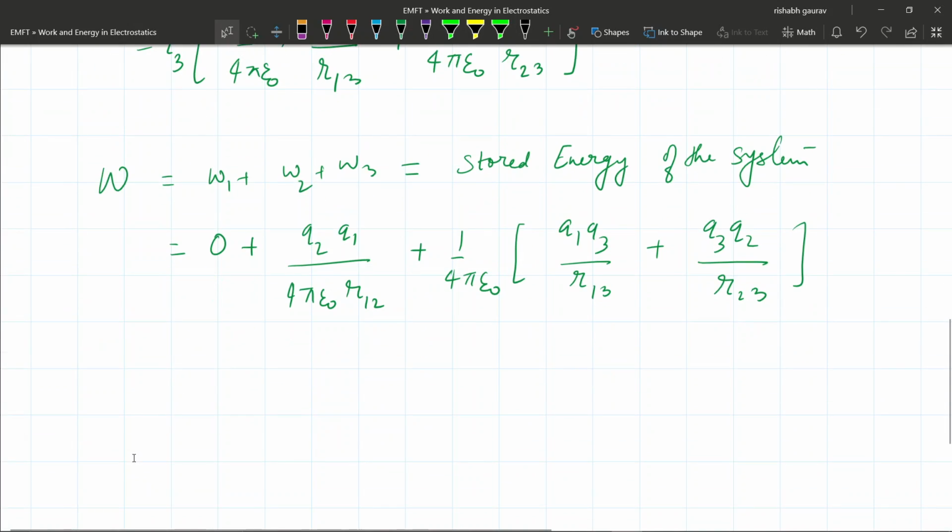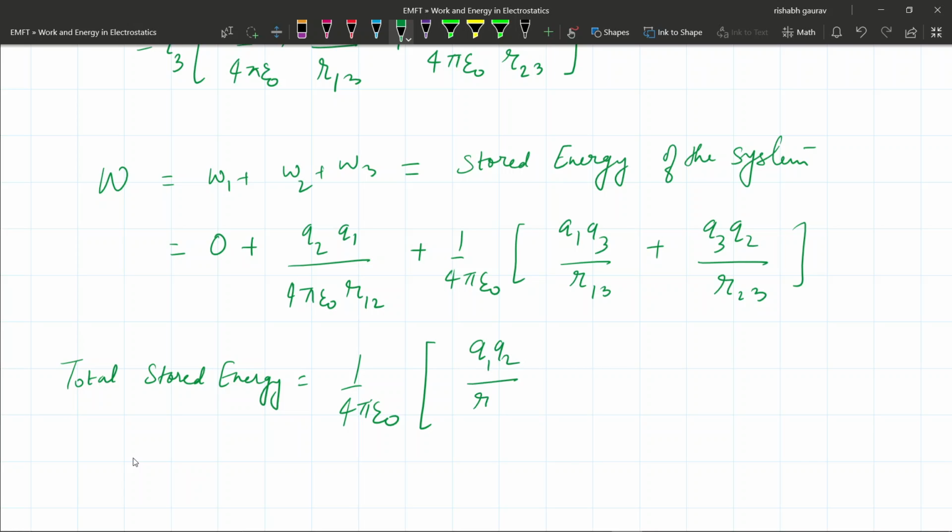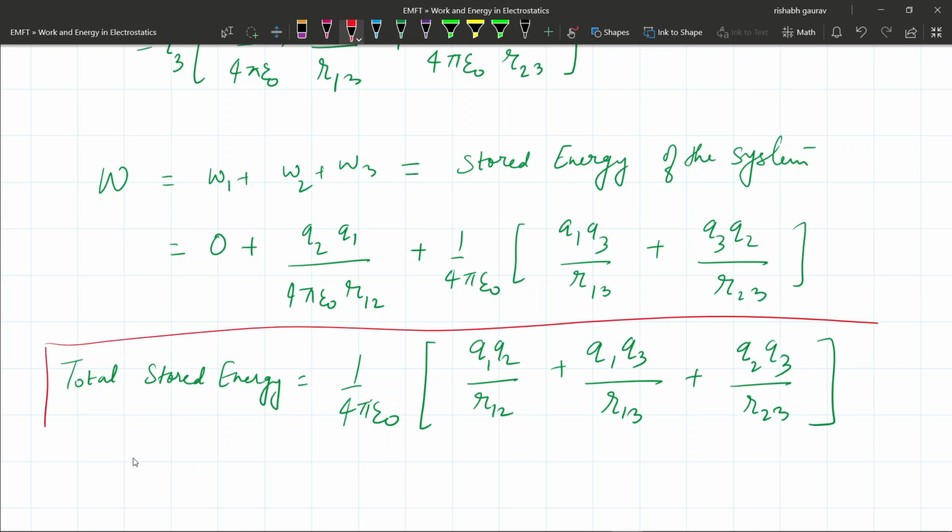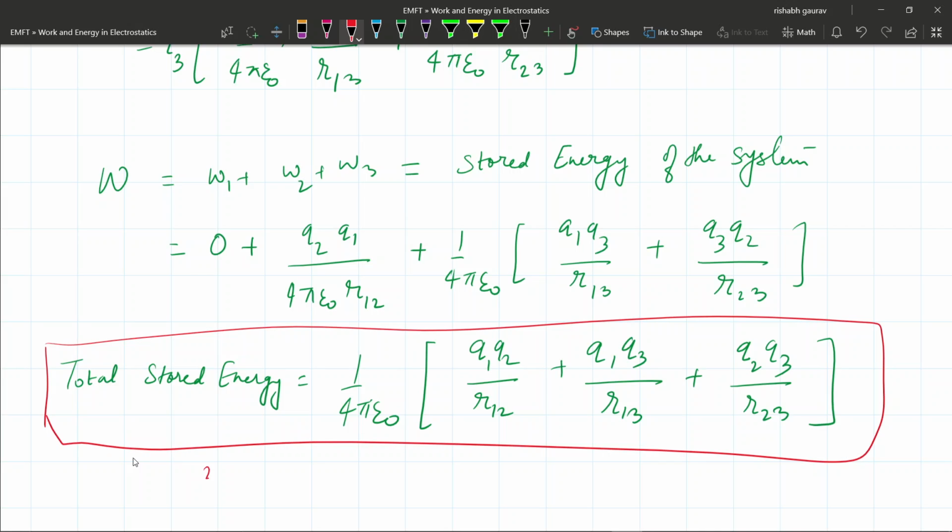And overall we can write the total stored energy equals 1 by 4 pi epsilon naught times Q1 Q2 upon R12 plus Q1 Q3 by R13 plus Q2 Q3 by R23, and this is the total energy for a collection of 3 point charges.